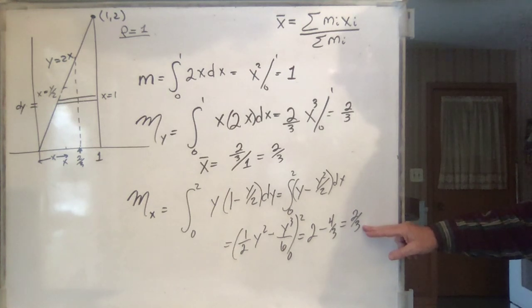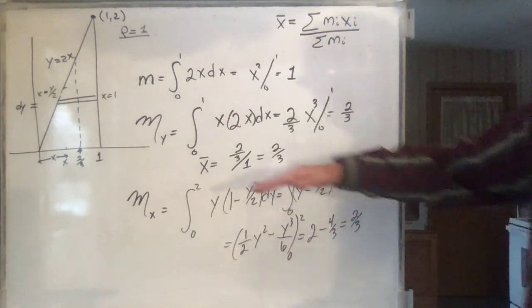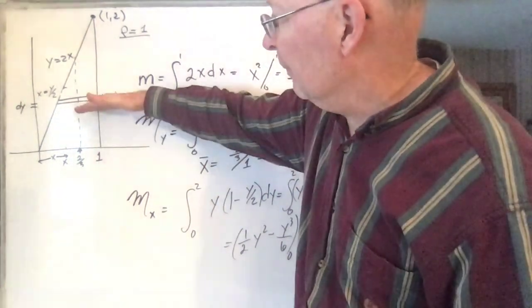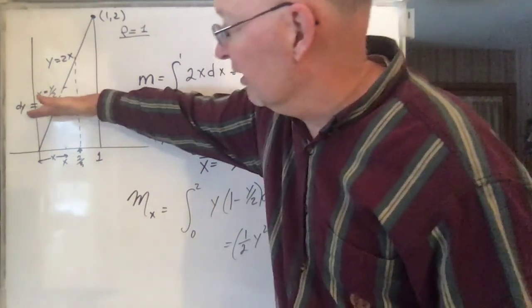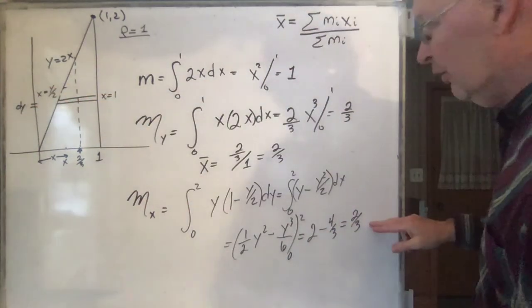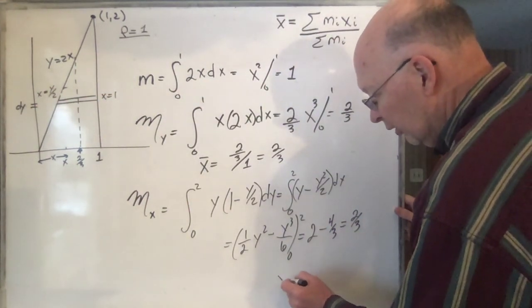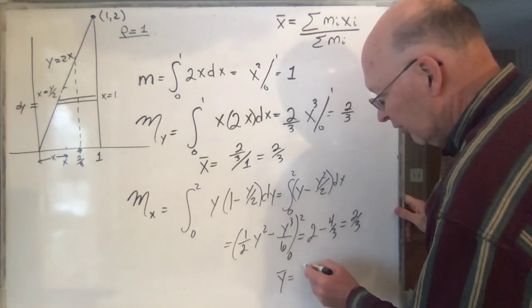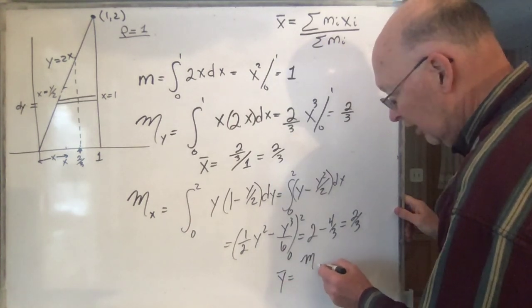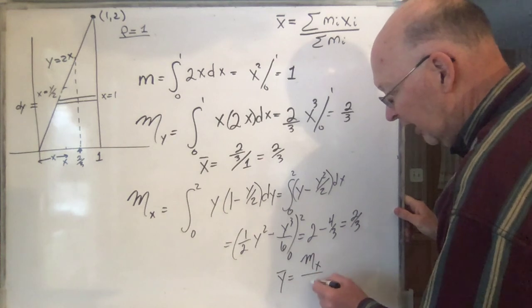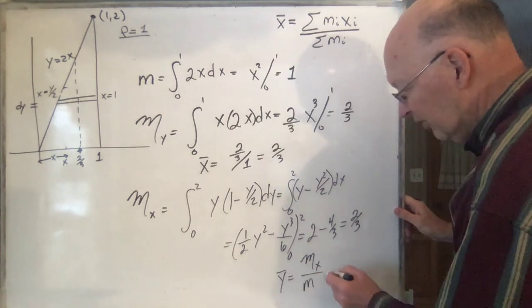Let's see, we want how far up you have to be in order to balance it like this. So what do we do now? What's the total moment? Here we want the y center of mass. It's going to be the total moment, which is this, divided by the mass, which is this.